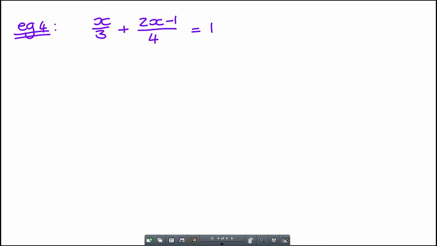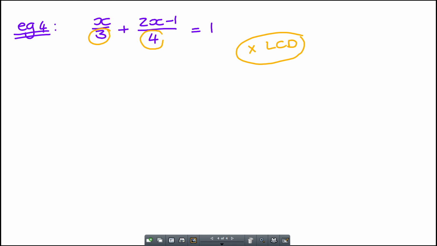Okay. So what we do is we look for the lowest common denominator, and we multiply with that. Now, over here my denominator is 3.